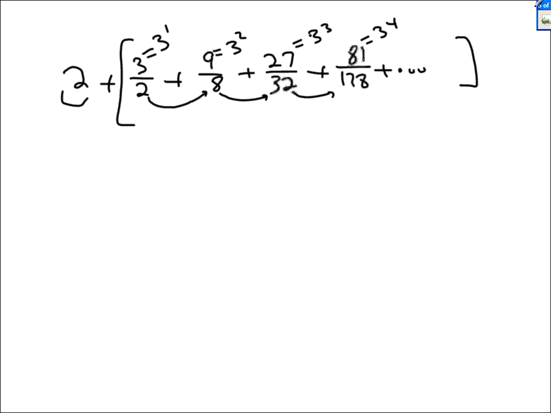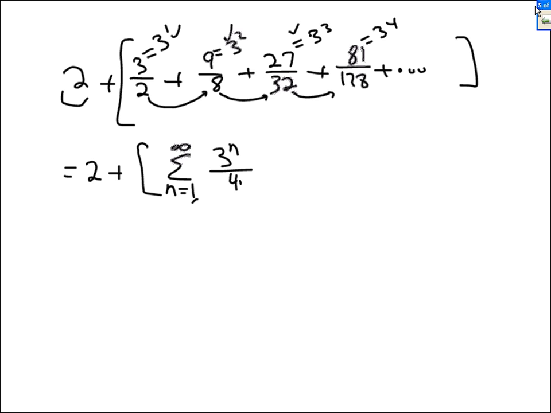Okay? So, this is 2 plus the sum, and we'll say n goes from 1 to infinity. The numerator is 3 to the n, because when n is 1, you get 3 to the 1, and then when n is 2, you get 3 to the 2, and 3 to the 3. Now the bottom. We keep multiplying by 4.